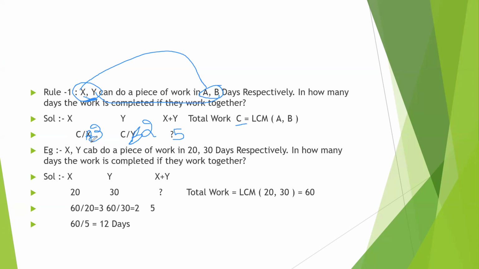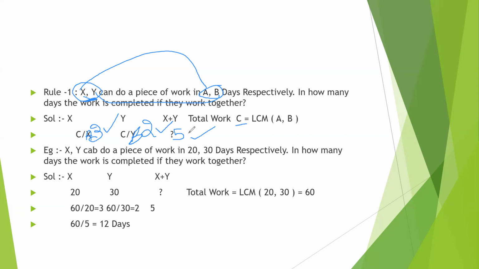In one day, X can do 3 units of work. In the same way, Y can do 2 units per day. When both combine, 3 plus 2 equals 5 units of work in one day.